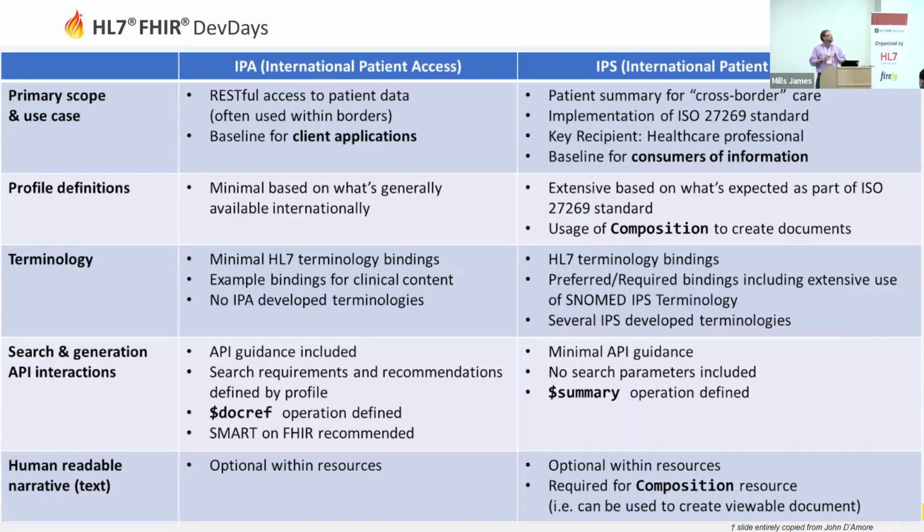Whereas in IPS, there's very minimal API guidance, I would say. We do have the $summary operation defined in the current continuous integration server. Yeah, thanks, Rob. And then human readable narrative text is optional with an IPA, required for composition.